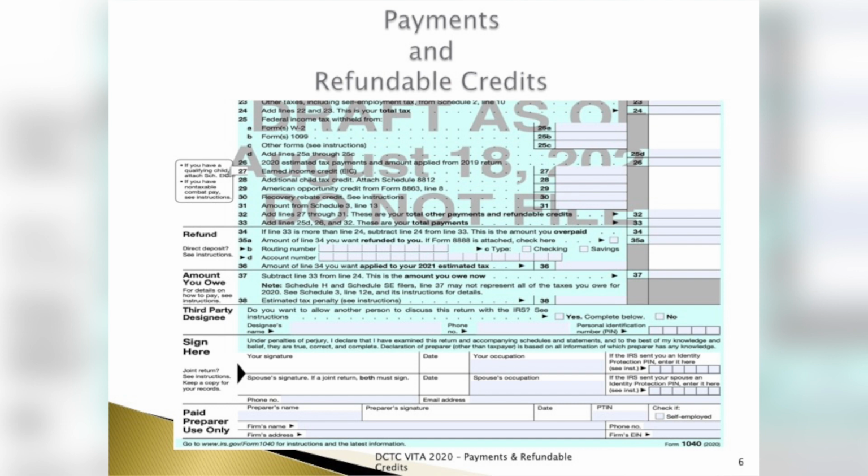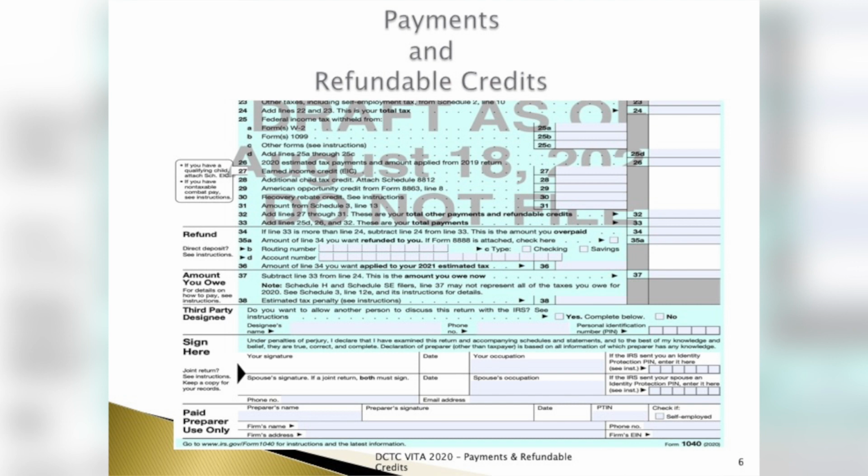Generally, you are eligible to claim the recovery rebate credit if in 2020 you were a United States citizen or United States resident alien, were not a dependent of another taxpayer, and have a valid Social Security number.